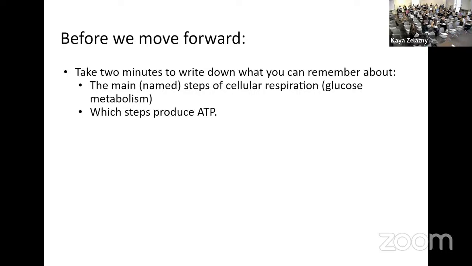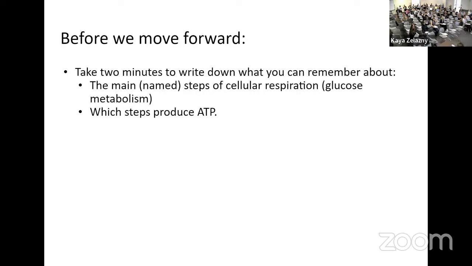So there are tons and tons and tons of enzymes involved in cellular metabolism. There are tons and tons and tons of little intermediate steps in each of our big chunks of our cellular respiration process. We're not going to go super deep into all the details, but we want to make sure that we understand overall what's happening, why, what does it mean for the cell, and can start to predict, like, okay, what if a cell doesn't have a mitochondria?